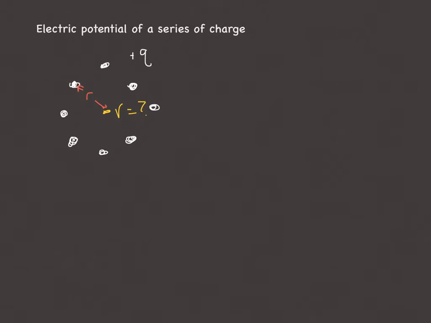So the voltage is still going to be the sum of all of the kq over r's, where each of them has a charge of q, that's a constant, so we have k, constant for all of them, q, and r, but we just have 8 charges.